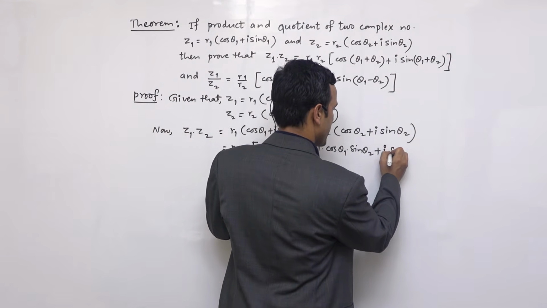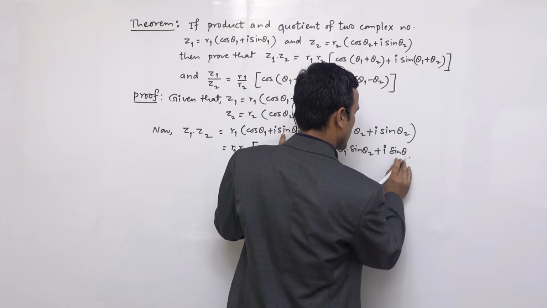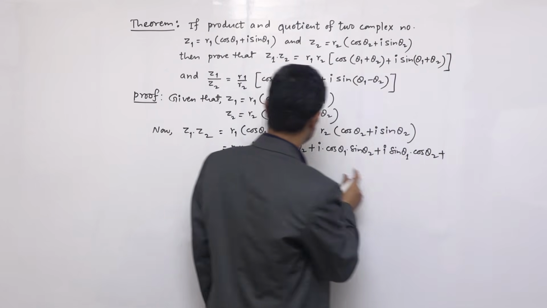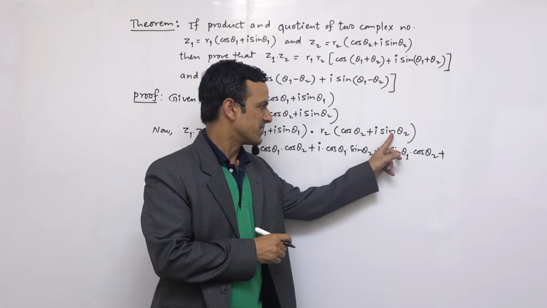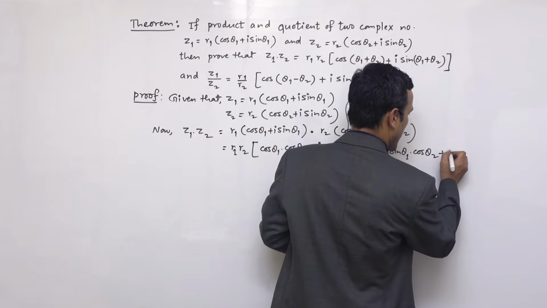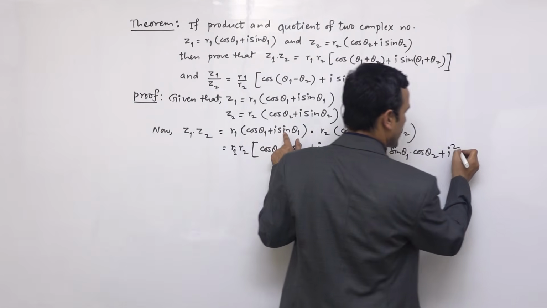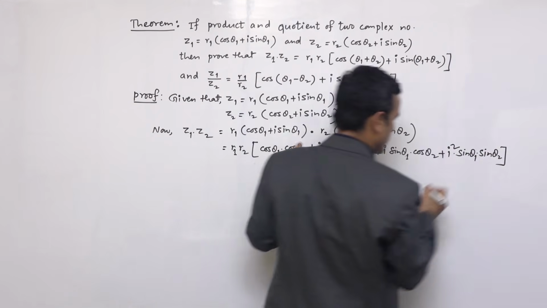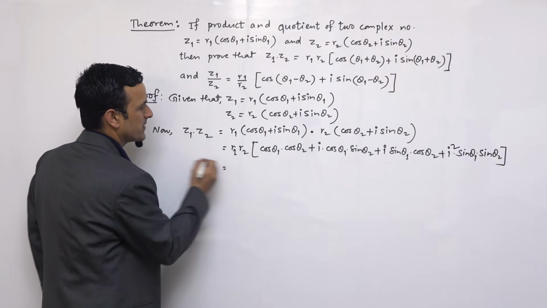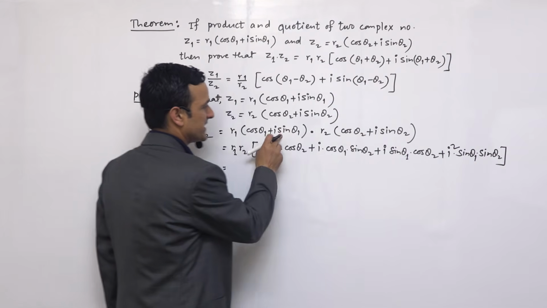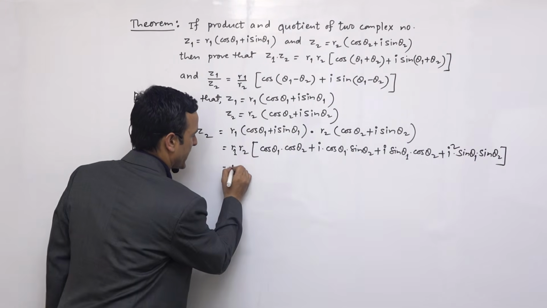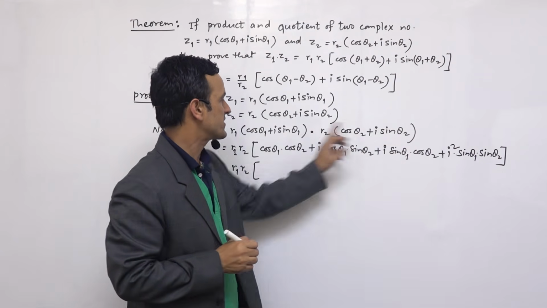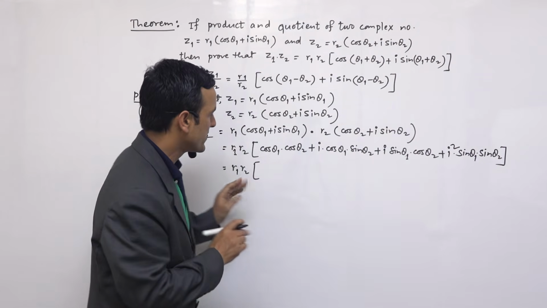Here is also i sin theta 1 into cos theta 2, plus second term into second term, that means i into i square, sin theta 1 into sin theta 2. So this is the product of this and this. So here we can write this into this, this into this, this into this, this into this. Turn by turn, it is the multiplication.